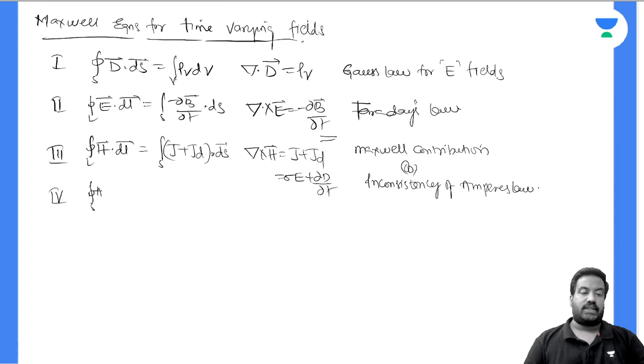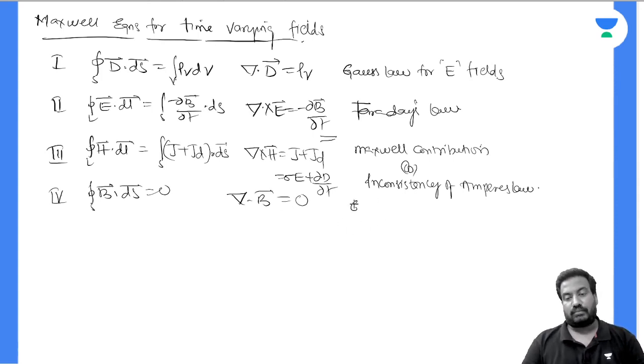Fourth one, closed surface integral of B dot ds is 0. Implies del dot B is 0. Gauss law for magnetic fields.